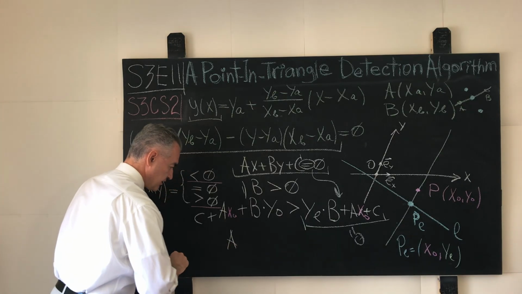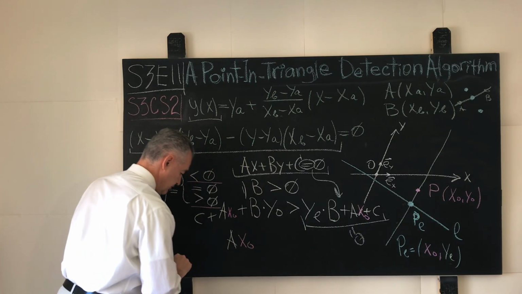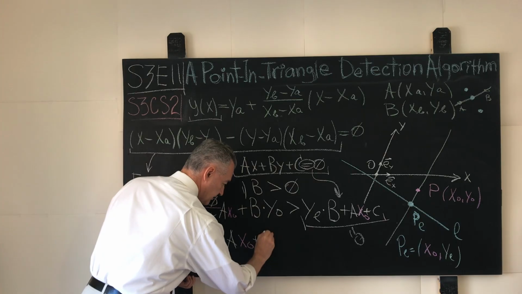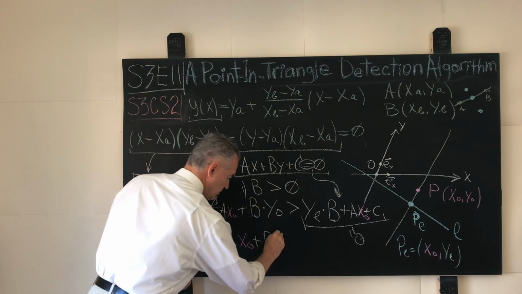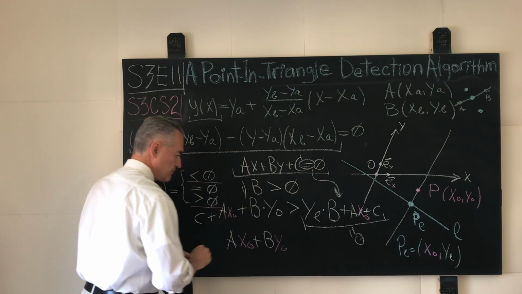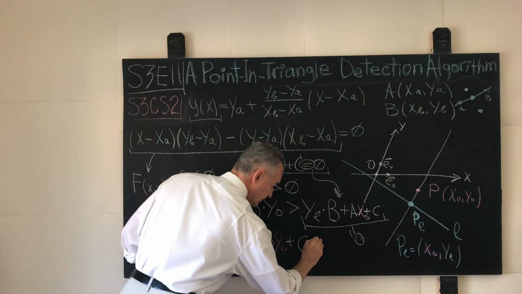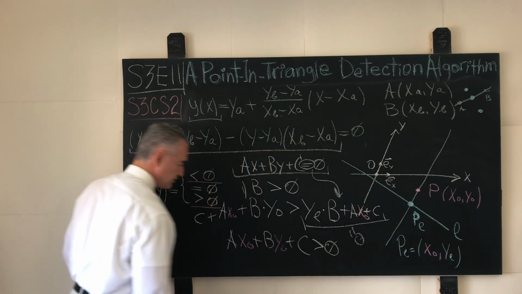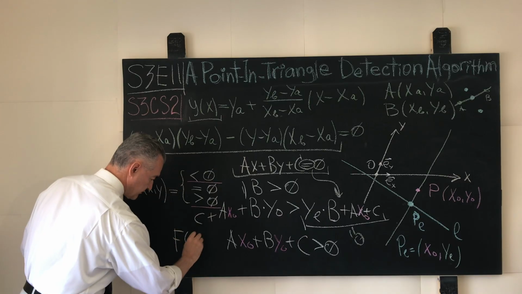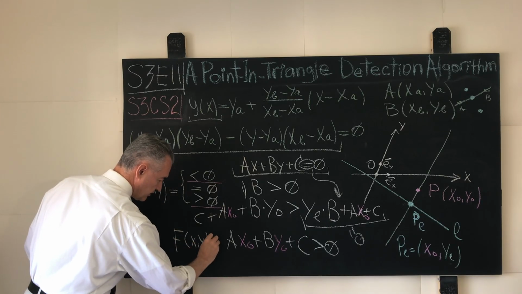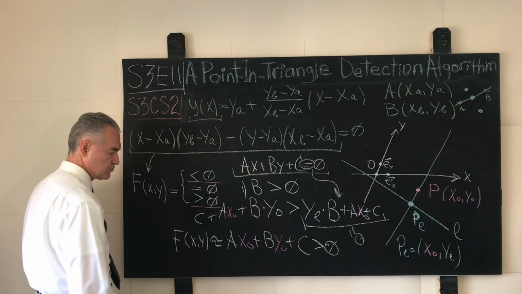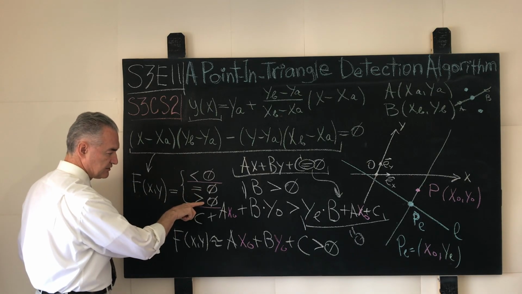A x0 plus b y0 plus c is strictly greater than 0. See, if we put the f at xy associated with this expression, we get precisely, in this case, greater than 0.